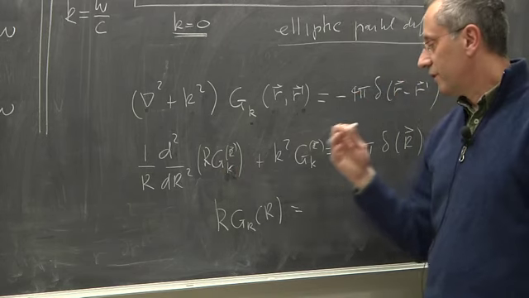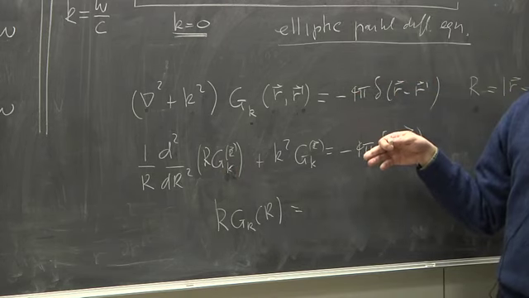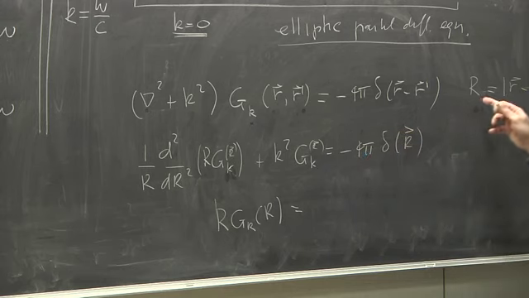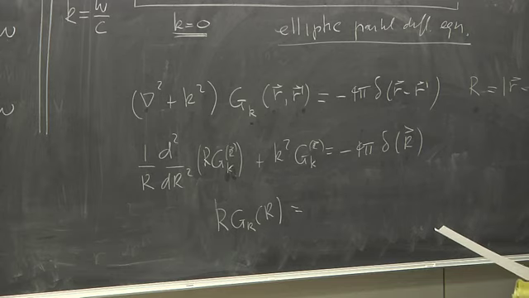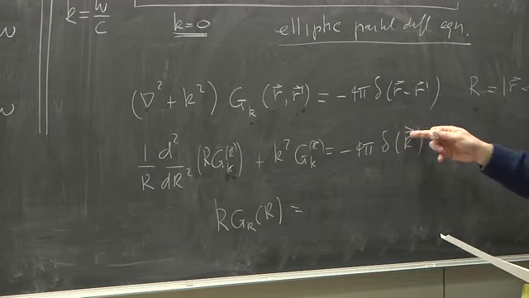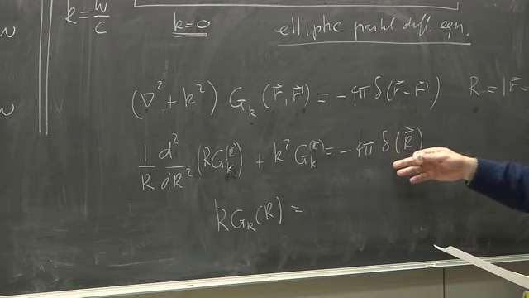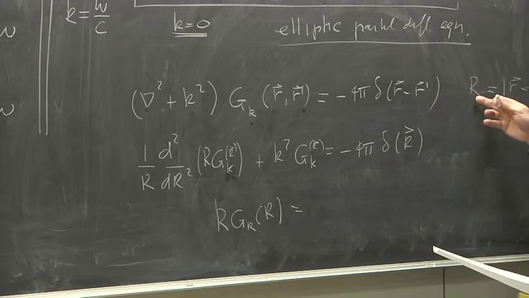What is this equation? When big R is equal to 0, it's not 0, this is different from 0.